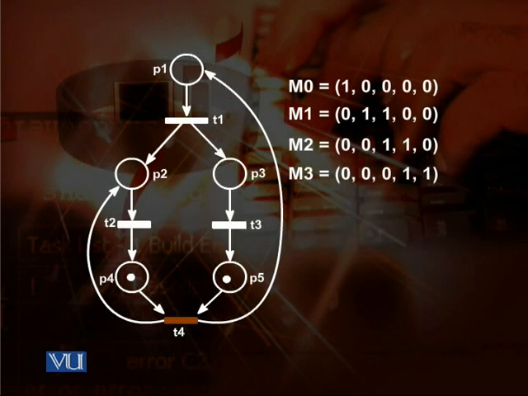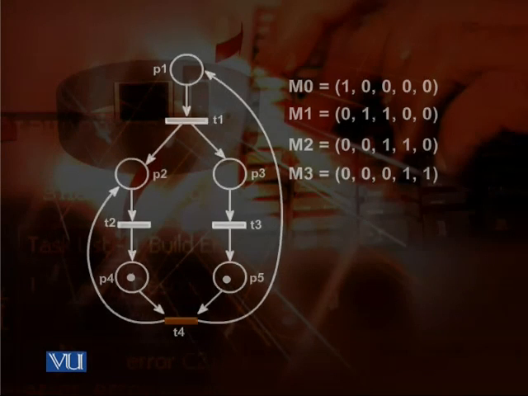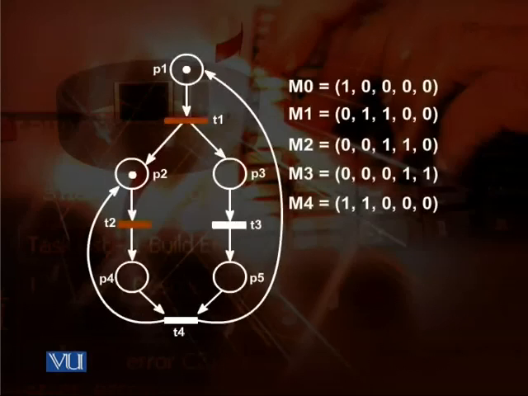So that is what happens, and we do that. Now we have a token in P1 and P2, and the transitions T1 and T2 are enabled. If we look at the vector, we have 1, 1, 0, 0, 0.